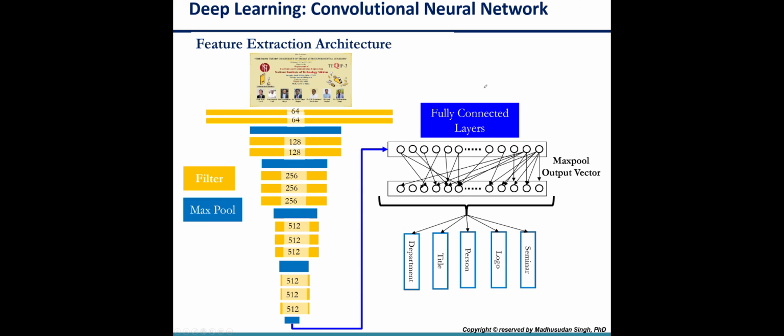So in max pooling they take only the highest value: 7 is highest here, then 4 is highest here. Then they combine these two values, make another section, and do max pooling again and again.